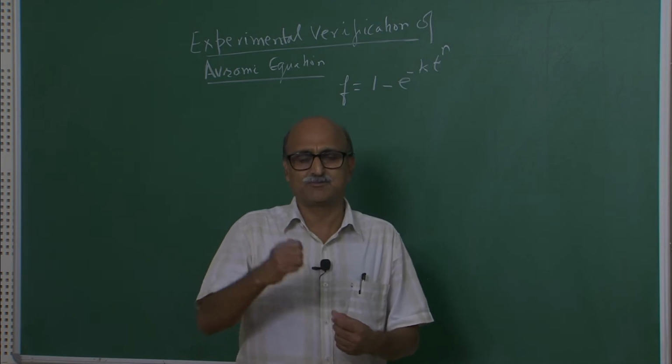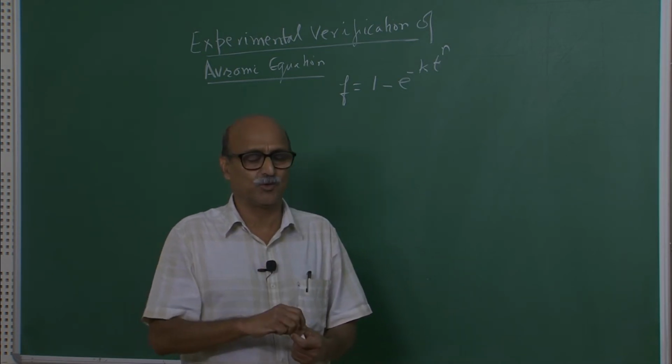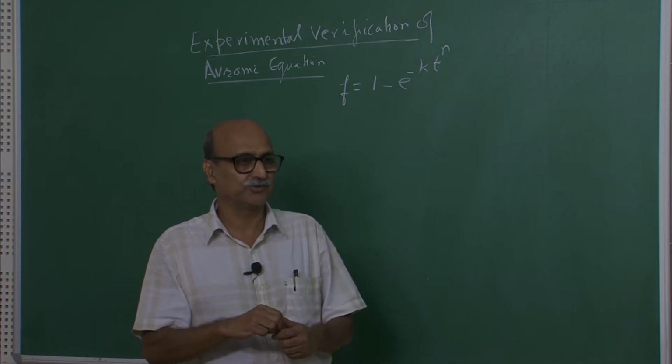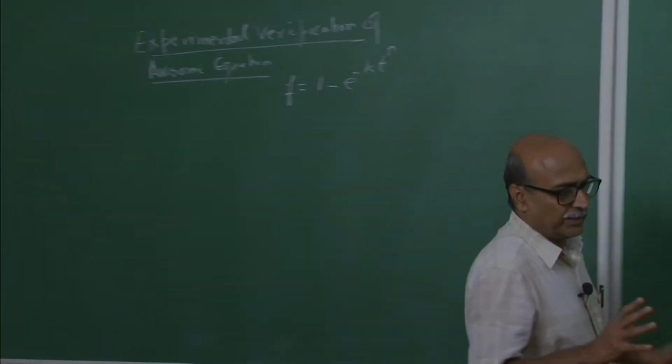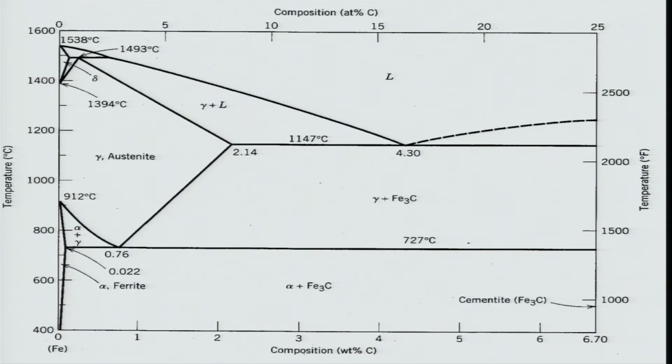But just before we go into this discussion, let us quickly have a look at the iron carbon diagram. This is the usual iron carbon diagram which you already know.